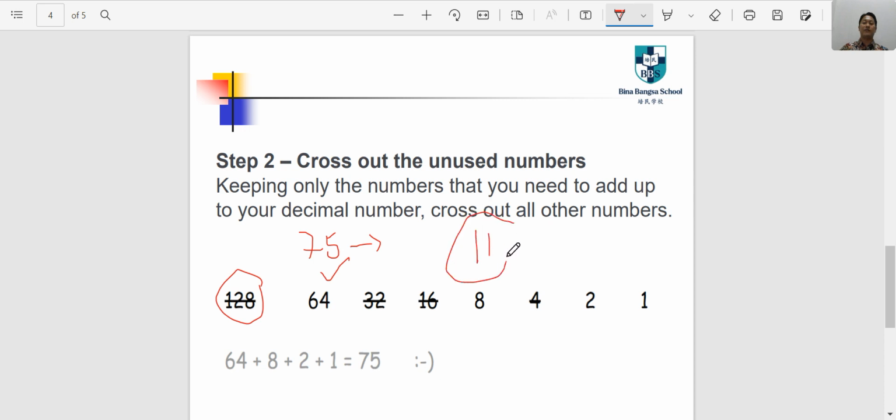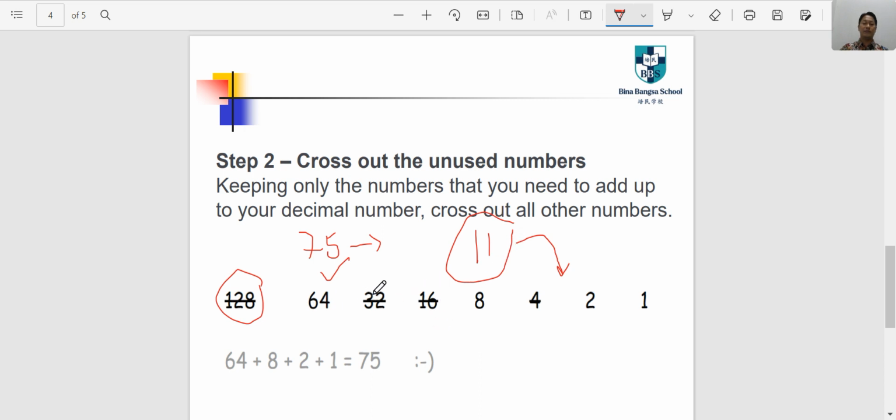Now, that is the value that you're going to use. How are you going to get the value 11 from the remaining numbers? Of course, you cannot use 32 because 32 is greater than 11. 16 is also greater than 11.